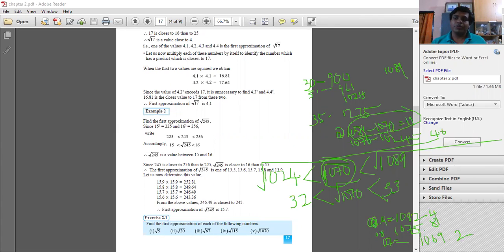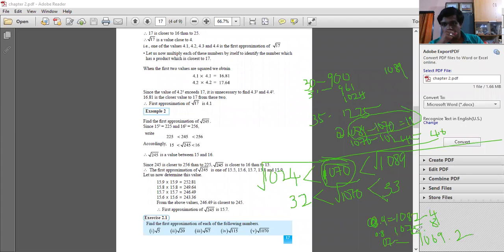The reason I'm saying perfect: in step number 1, we found the squares around the value whose square root we should find. Then we traced it back to the square roots, and found the differences, 1089 minus 1070, to see what is closer. We found that 1089 is closer to 1070.